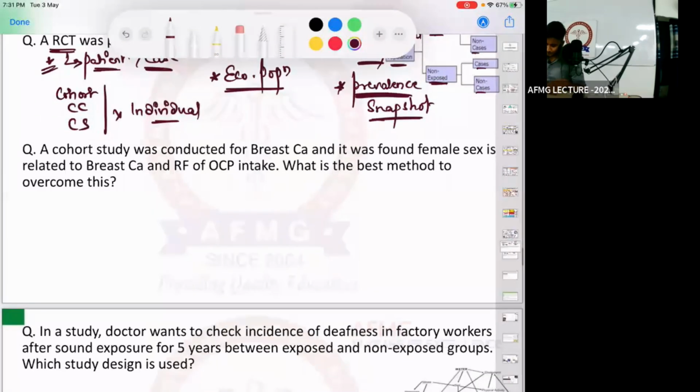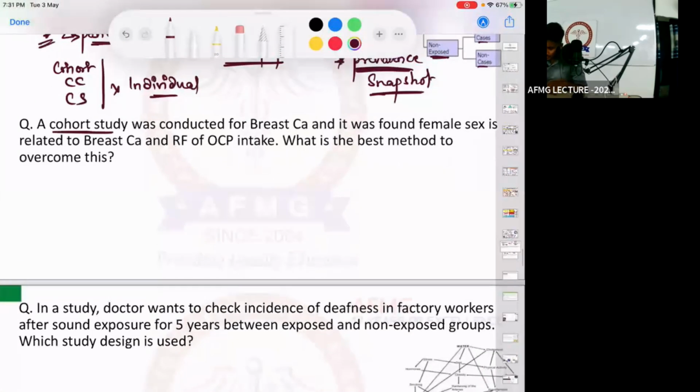Okay. A cohort study. Question में दिक्कत आती है लोगों ने बोला, so I have included question. A cohort study was conducted for breast cancer, and it was found that female sex is related to breast cancer and the risk factor of breast cancer, which is OCP, oral contraceptive pill intake. What is the best method to overcome this? First of all, what is this funda? Tell me.